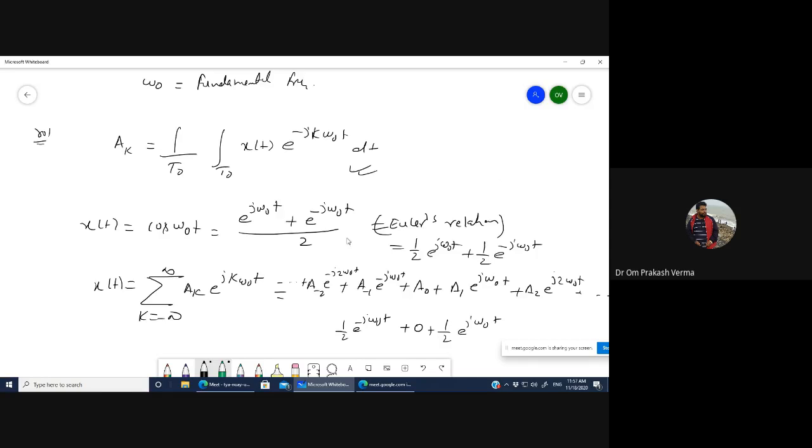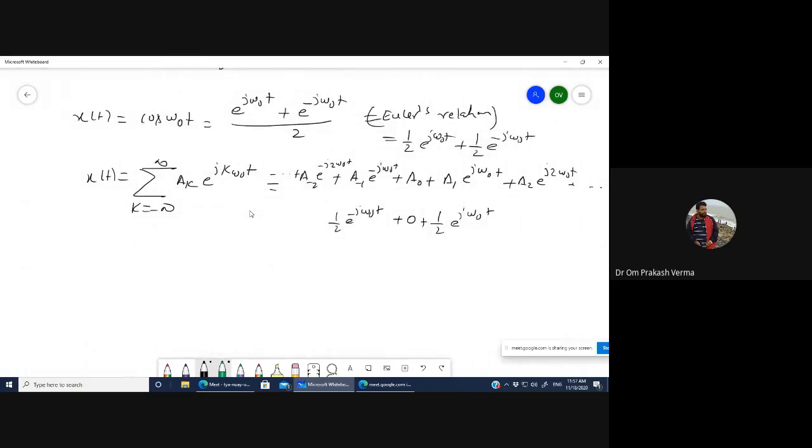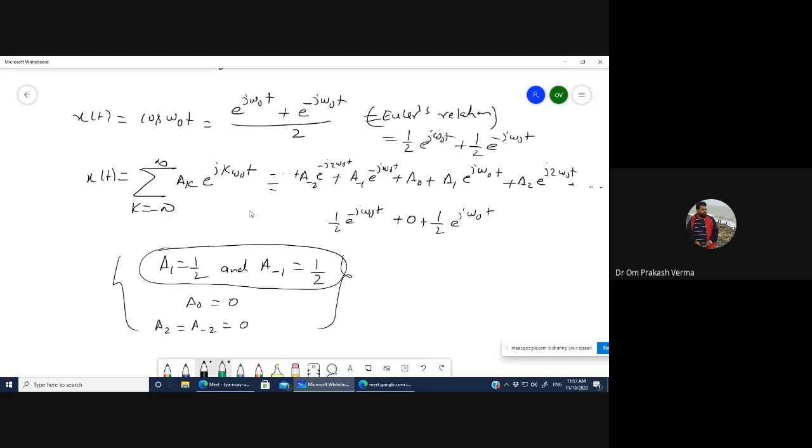What is the value of a1? a1 is nothing but 1 by 2 and a minus 1 is nothing but 1 by 2. a0 is 0, a2 and a minus 2 are 0, and all other coefficients are 0 except a1 and a minus 1.